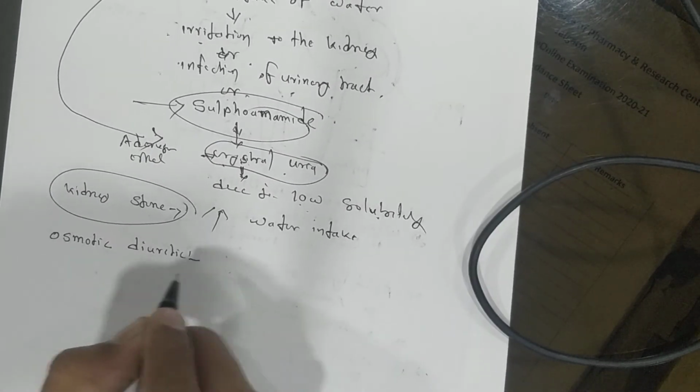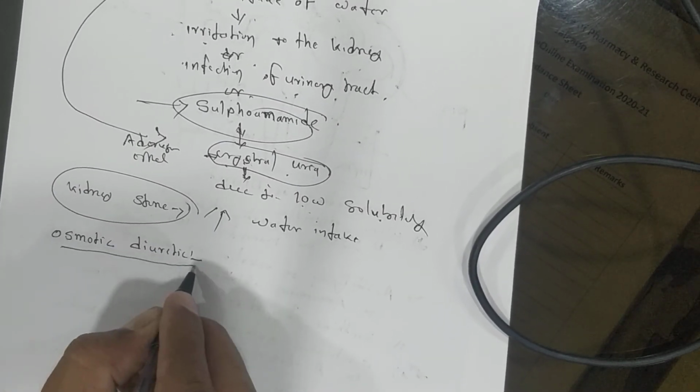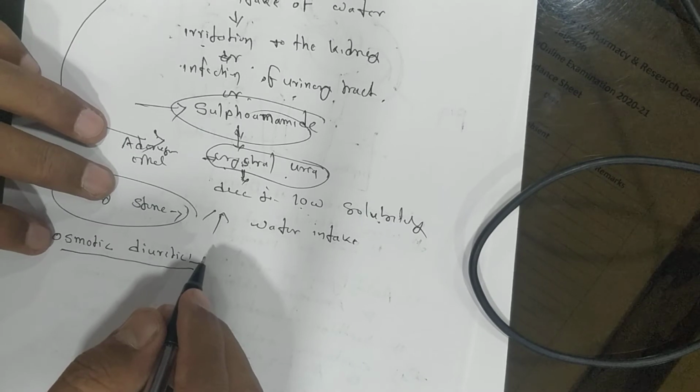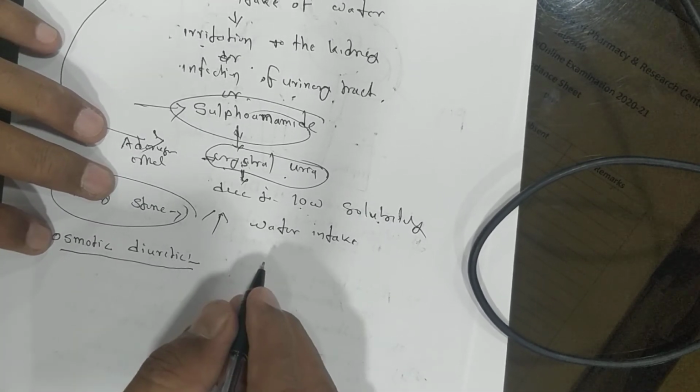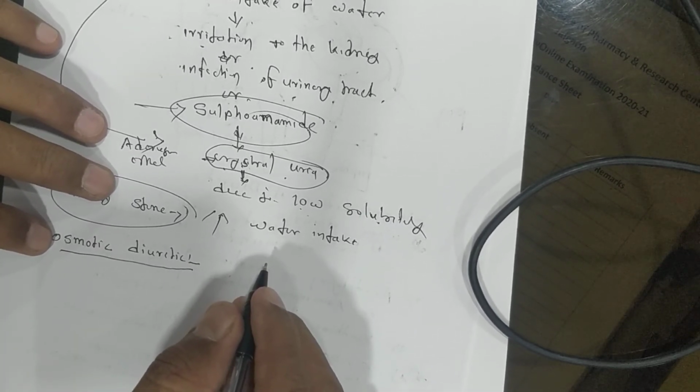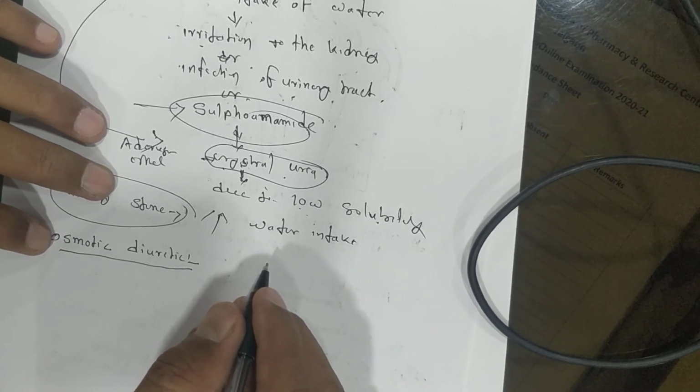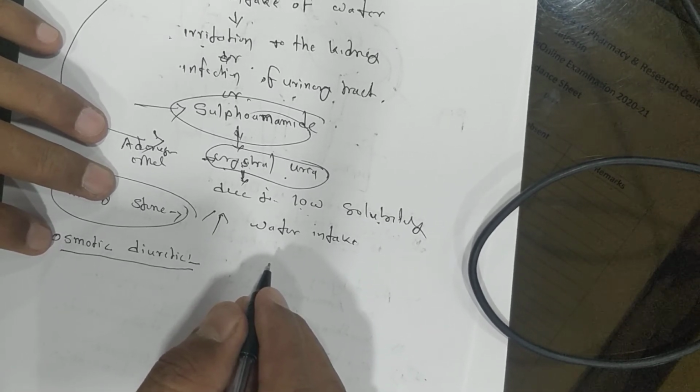The second one is osmotic diuretics. The osmotic diuretics are agents which are filtered out from the glomerulus and undergo limited reabsorption.